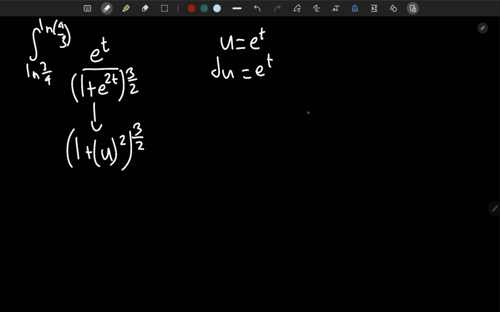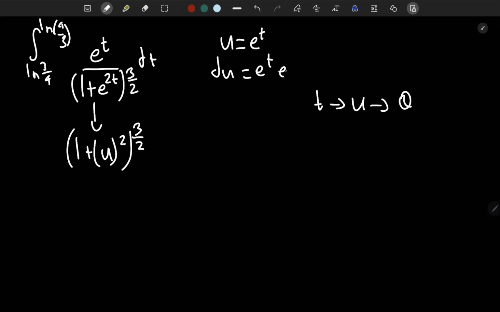So here we are going to do two substitutions. First t to u, and then u to delta, and then once we integrate all this, we need to go back like this. So now we replaced e to the power of t with u.